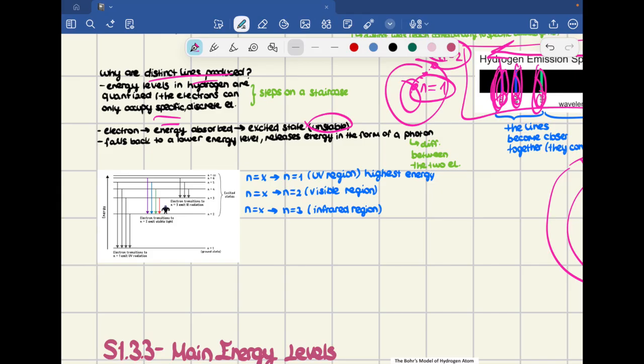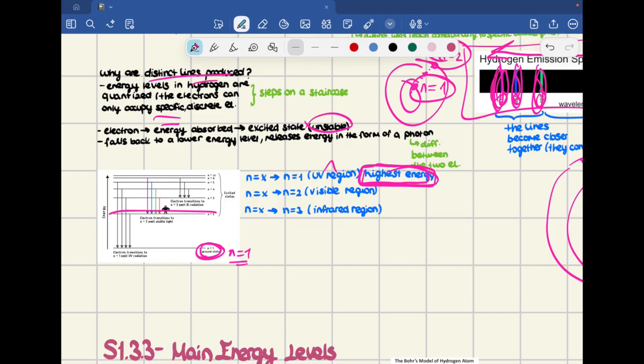When an electron falls from any excited state to the first energy level, the ground state, so when it falls to n equals 1, it will be the transition that emits the highest energy, right? And this transition will be in the UV region of the electromagnetic spectrum.